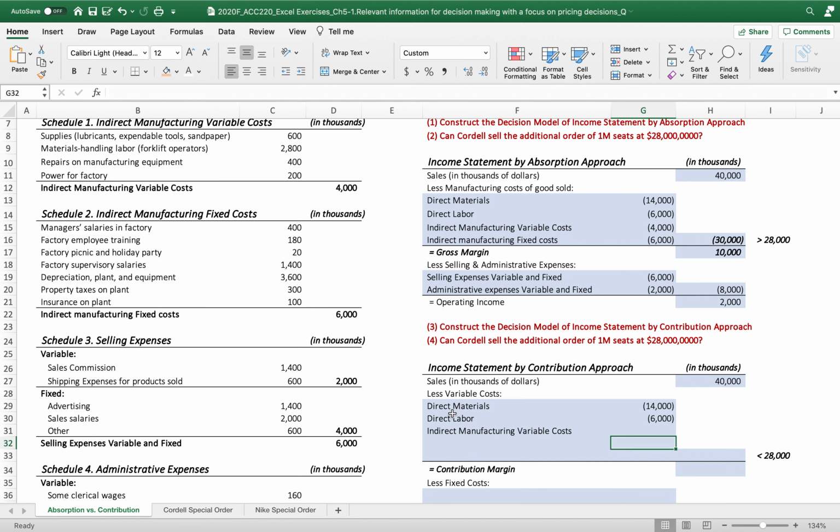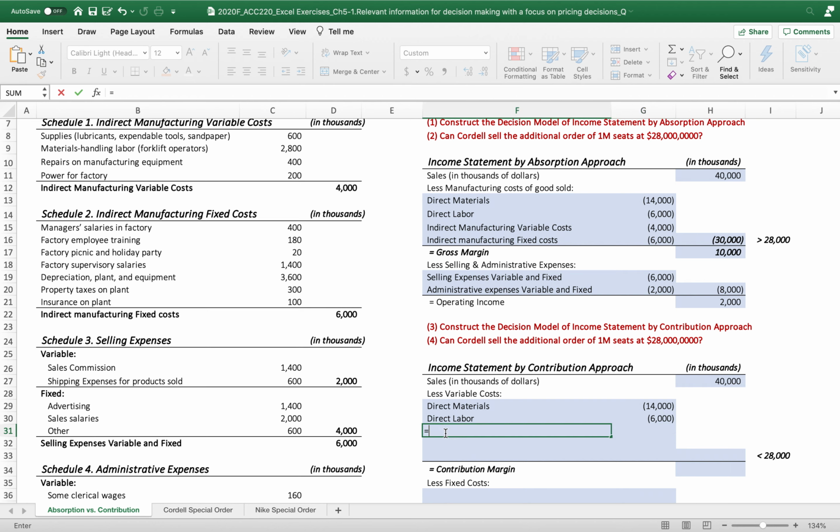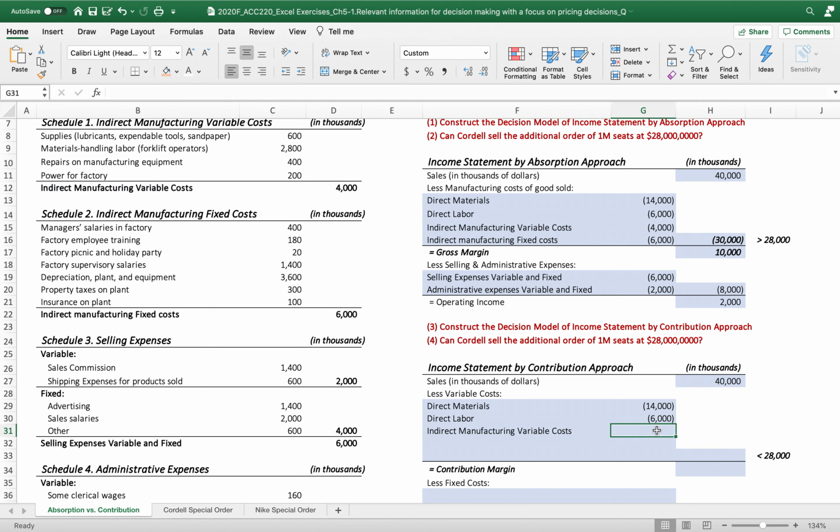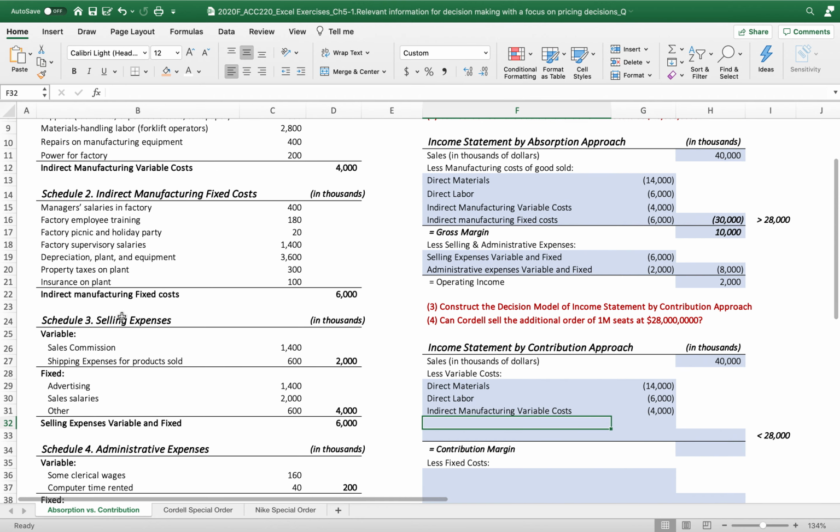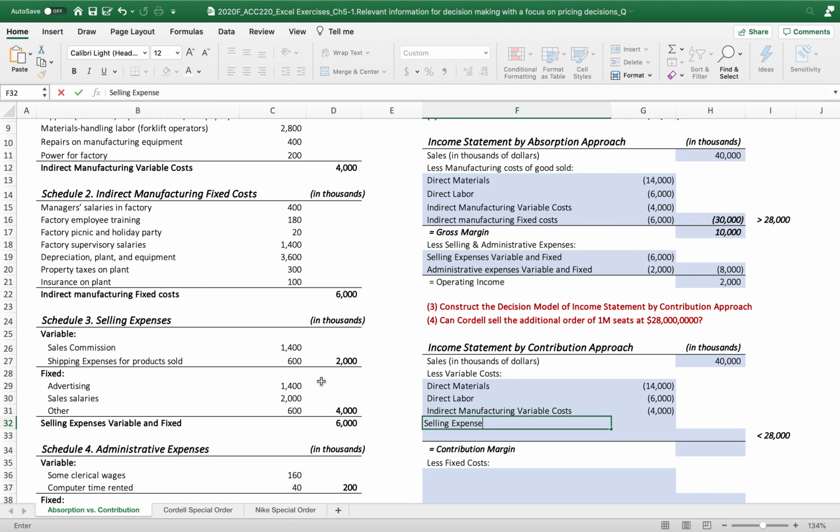In order to learn this procedure, I'm going to collect from here in the schedule. So 4,000, which is variable cost. Where is the variable cost? Okay, here we go. The variable selling expense also. So the selling expense variable cost is now 2,000.